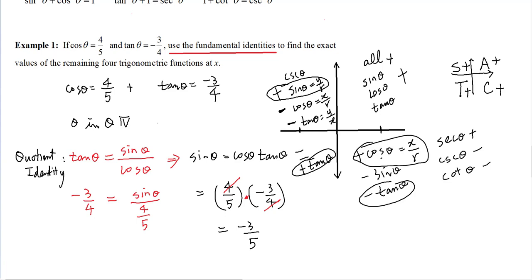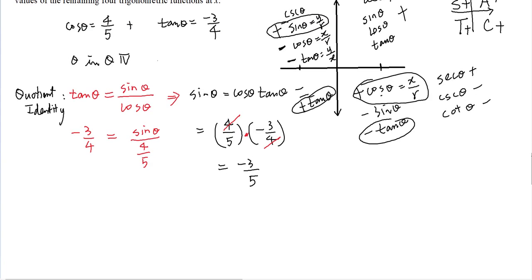So if the question asks you to use a fundamental identity, you need to identify which identity you use. Now, find all the four other trig functions. I found the sine theta using the quotient identity. Now it's a matter of using the reciprocal identity. Sine theta is negative 3 over 5, which means cosecant theta is the reciprocal of that. So invert the fraction: negative 5 over 3. And secant theta is 1 over cosine theta, meaning invert this fraction, so 5 over 4.